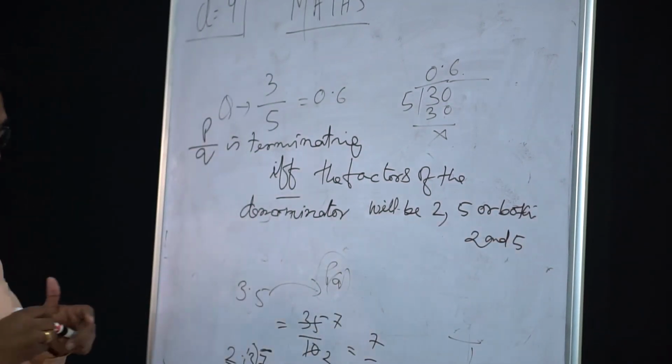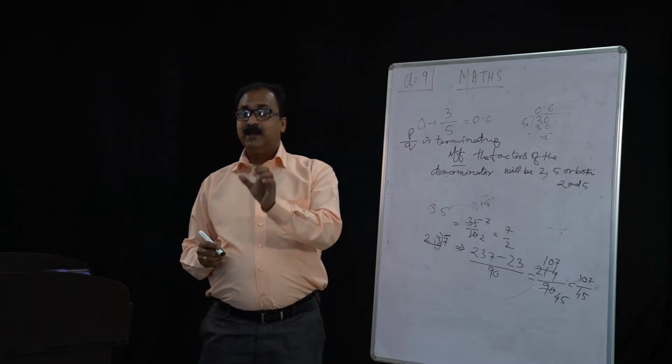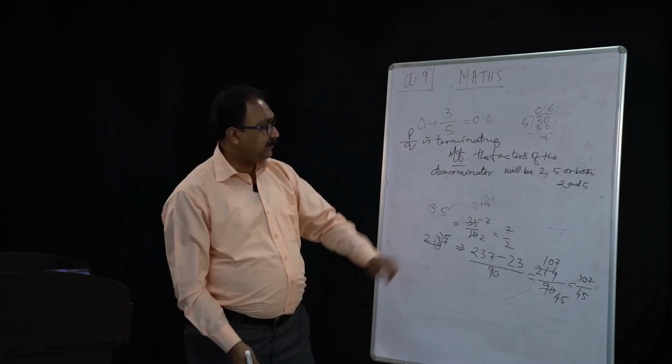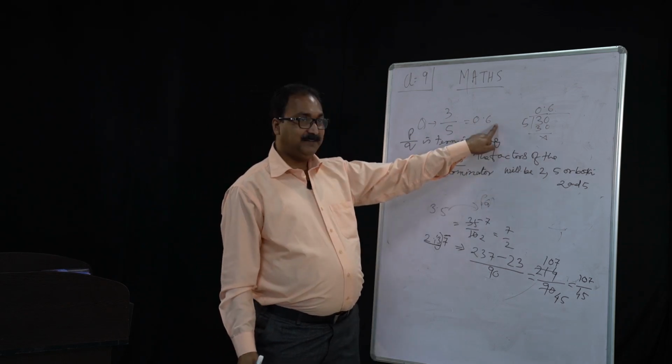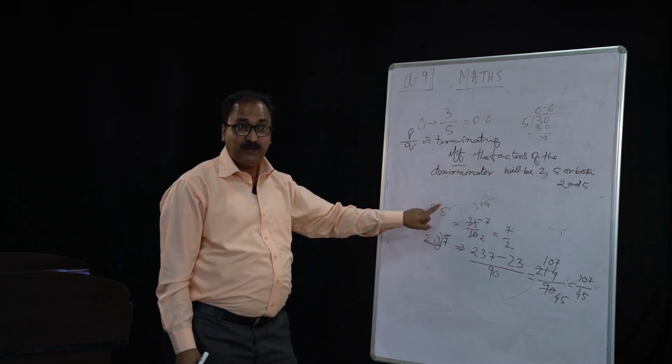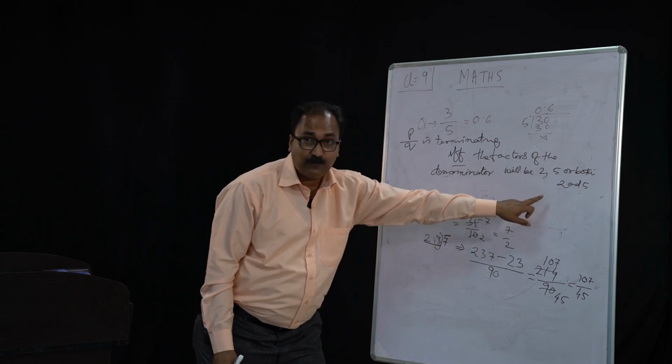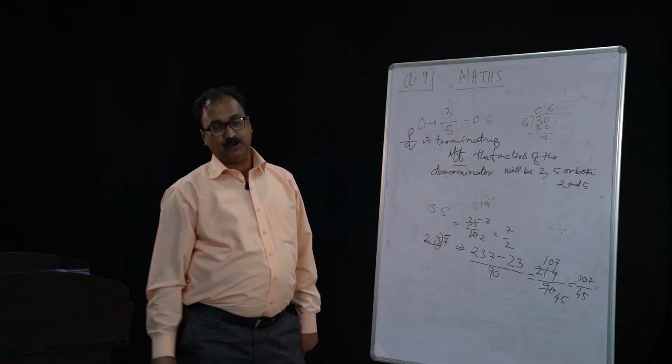Then only will you know this is a terminating decimal. Look here, 5 is terminating. Last time I gave you one example, 3. 3 does not come under 2, 5, or 2 or 5. That means it is not terminating.